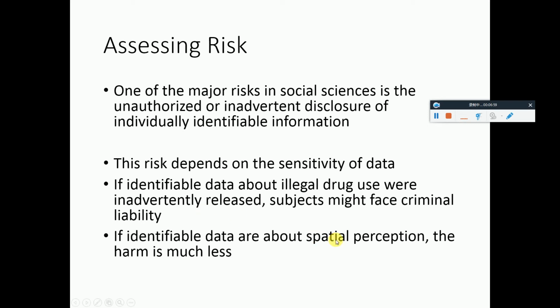Of course, that information does not look good upon that individual. But even though that information might be released, the harm compared to this one might be less. So that's the meaning of this sentence: the actual risk depends on how sensitive the data are, because data are different. They concern different aspects of a person.